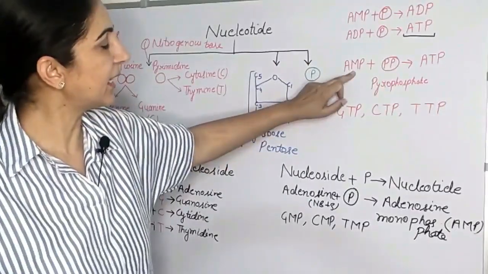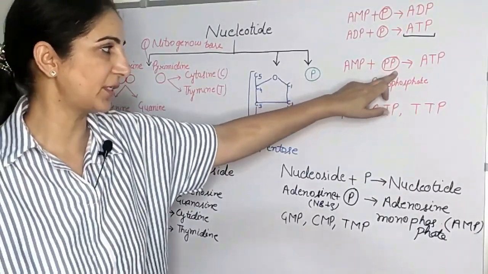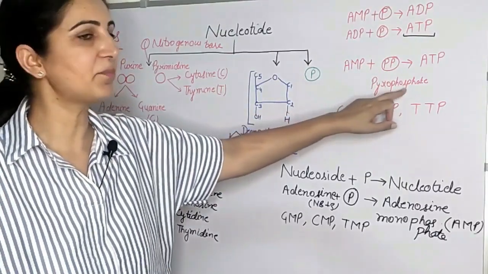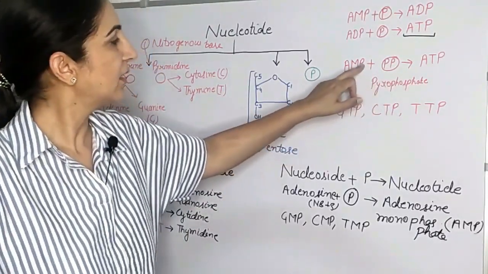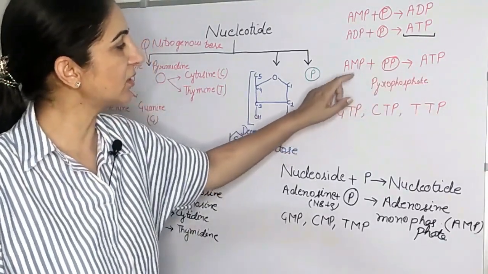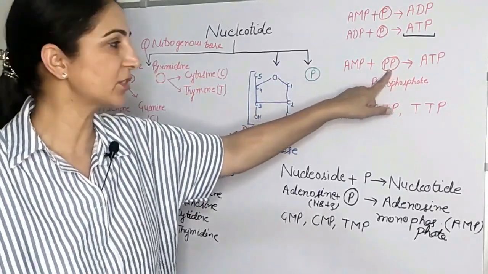Or we can write it like this, that is adenosine monophosphate plus 2 phosphates. These 2 phosphates combined together are known as the pyrophosphate, and then we will have adenosine triphosphate, because here we had one phosphate group and we have added two more phosphate groups.